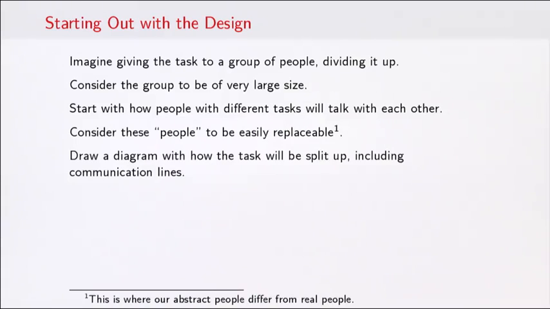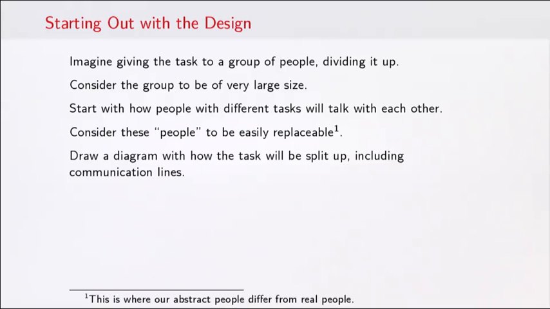There is one aspect of this comparison between actors and people which does not quite hold, and that is that actors, in contrast to people, are easily spawned and terminated. You can create as many of them as you want in the process of solving your problem, and they can be short-lived, just unlike people.